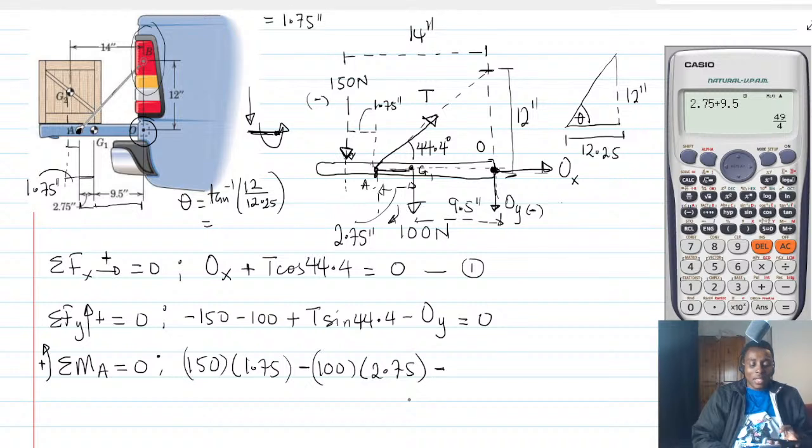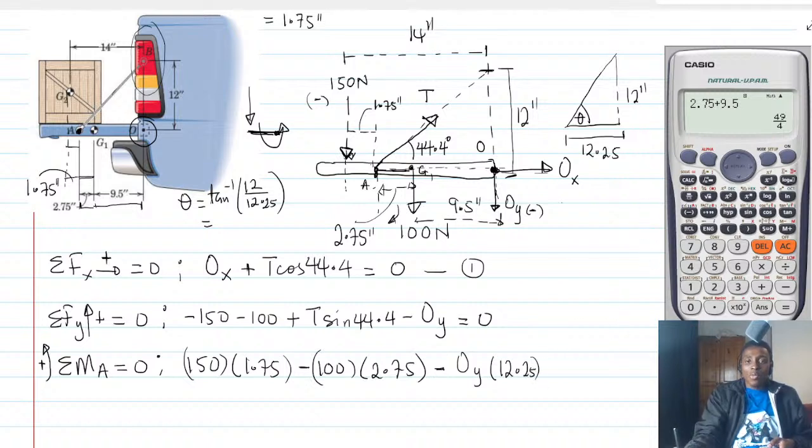So please take your calculators and let's do it together. 9.5 plus 2.75, that is 12.25. Okay. So that distance which OY is getting, we don't know OY, so just say OY, multiplied by 12.25.